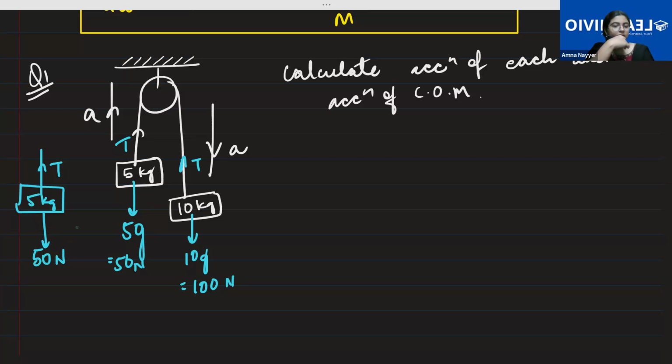Because it will be mass minus tension. No. See, net force is equal to mass into acceleration. This is Newton's second law. We all have studied. First, tell me what is mass here.